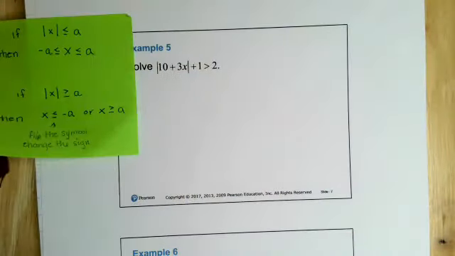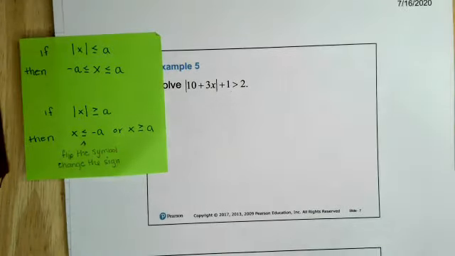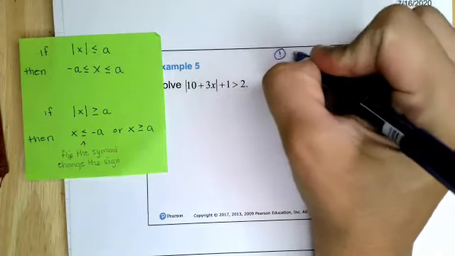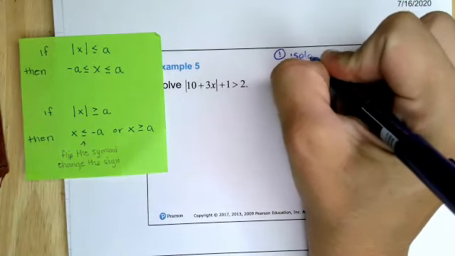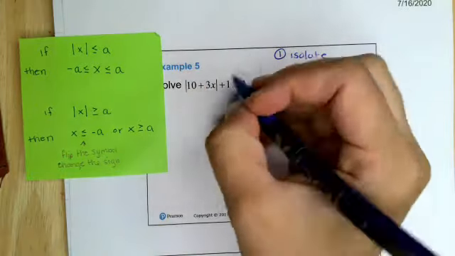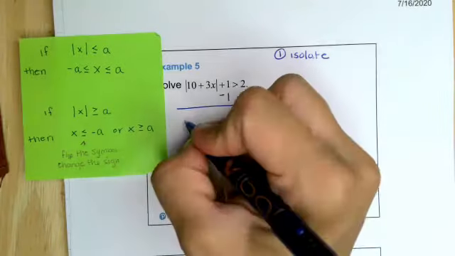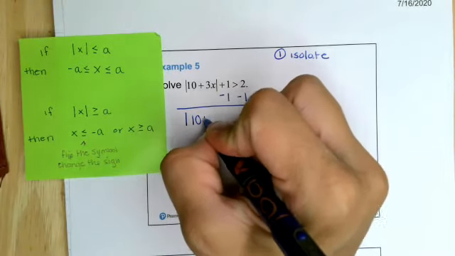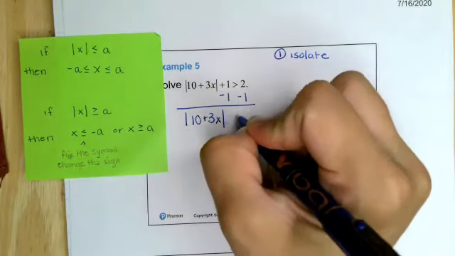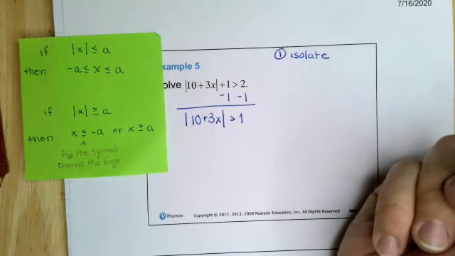Let's start with isolate the absolute value. So to isolate everything in the absolute value, I'm going to subtract 1 from both sides of the inequality. Absolute value of 10 plus 3x greater than 2 minus 1 is 1. All right.